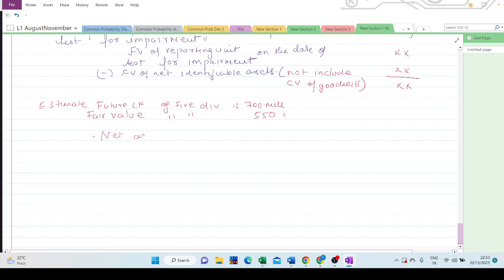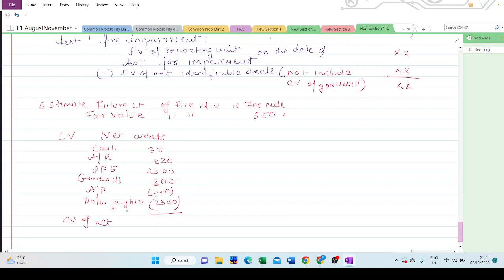Net assets. ठीक है. कैरिंग वैल्यू ऑफ नेट एसेट्स. तो देखो, कैश 30, अकाउंट्स रिसीवेबल 220, पीपीई 2500, गुडविल is 300, accounts payable 140, notes payable 2300. तो ये कैलकुलेट करें 220 30, ओके कितना आएगा 2500 2800, 3050. 3050 माइनस 2300 कितना हो गया 750. 750 माइनस 140 कितना क्या 610.